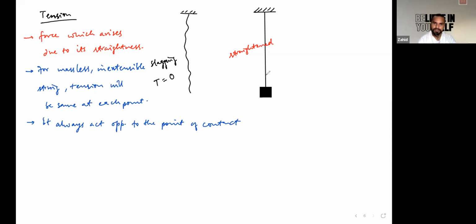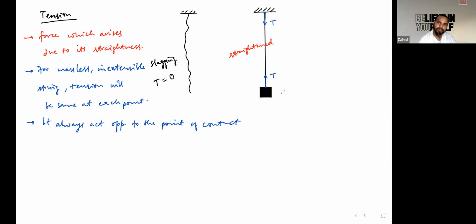First, at this point with the string and block, so it must be acting opposite to it like this. And we have another point of contact at its highest point, so it must be acting opposite to it like this. As this string is massless and inextensible, tension at this point and tension at this point must be equal.